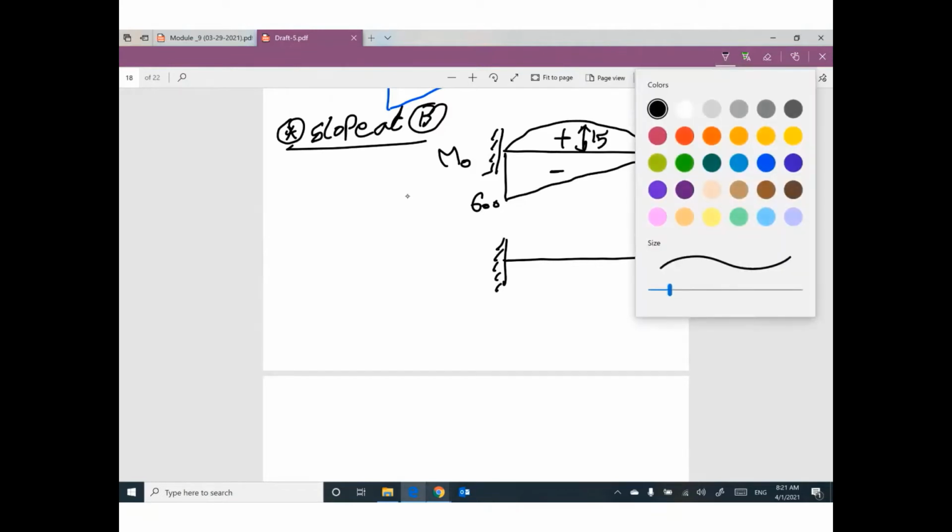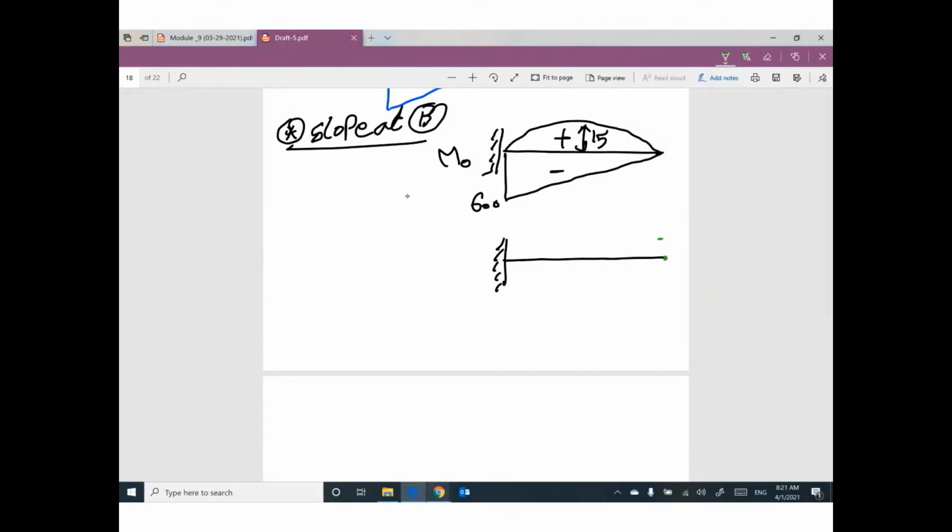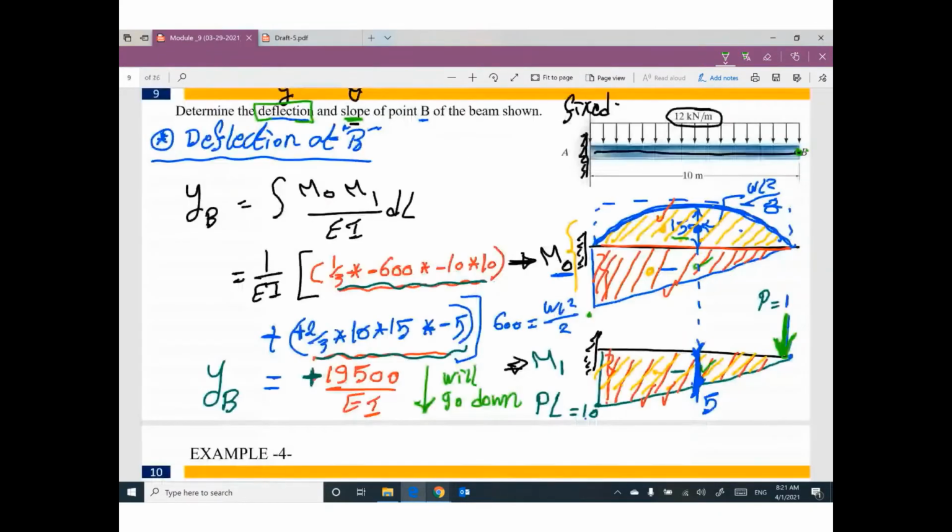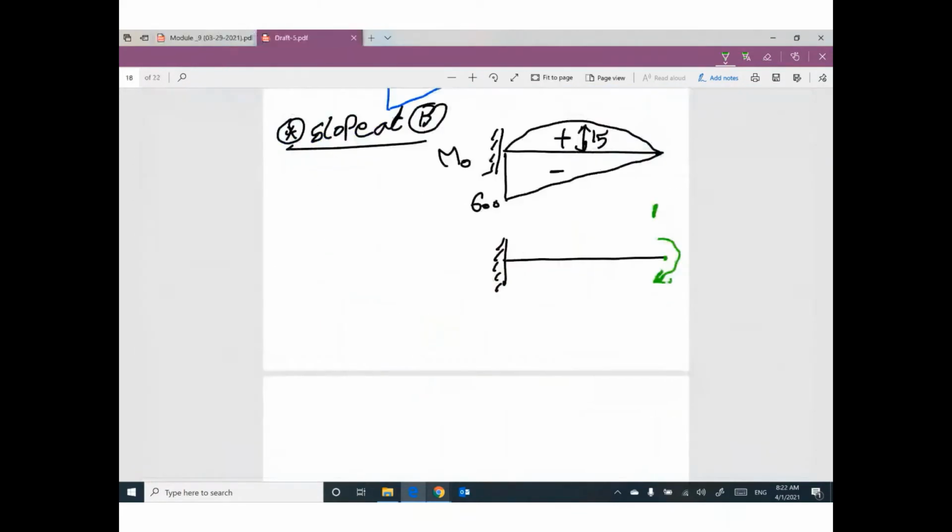At point B, I will add a unit moment. If you are looking for deflection, I will put a unit load. If you are looking for slope theta, I will put a unit moment.